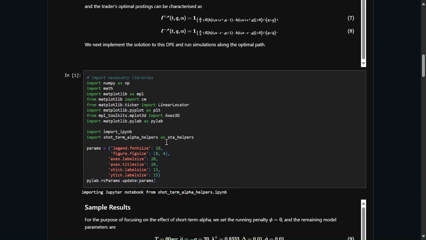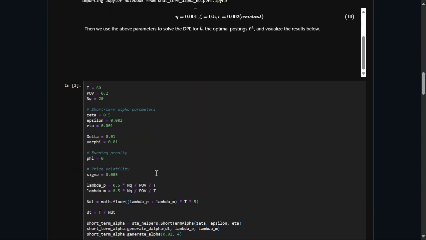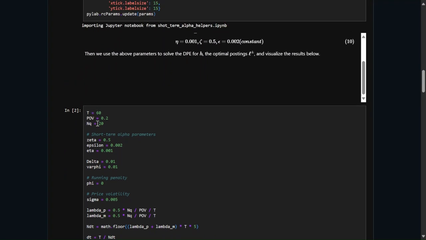So let's say we develop this in Python, and we put in all the parameters. That alpha that we had, these are the short-term alpha parameters, and these are important, and the analysis that we've just done would feed into this.